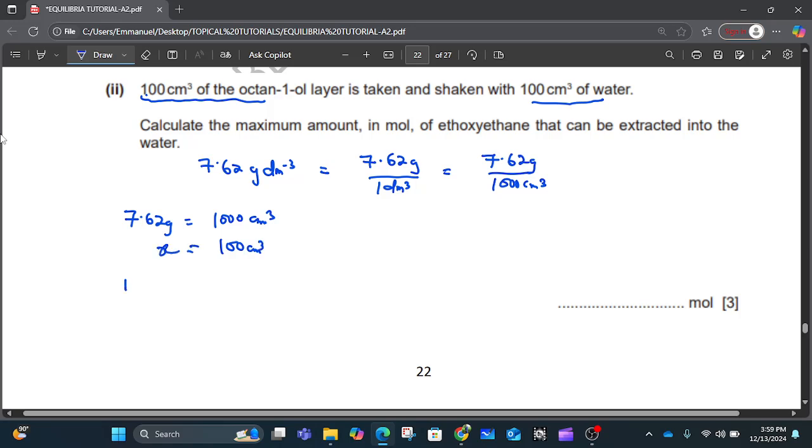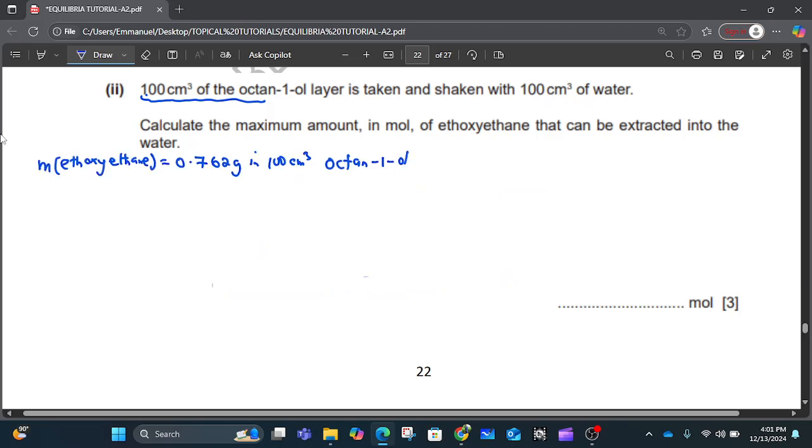From here, we can see that the mass of the ethoxyethane in the 100 centimeter cube of the organic layer is equal to 0.762 grams. So 0.762 grams of the ethoxyethane was in 100 centimeter cube of the octan-1-ol, which is the organic layer.